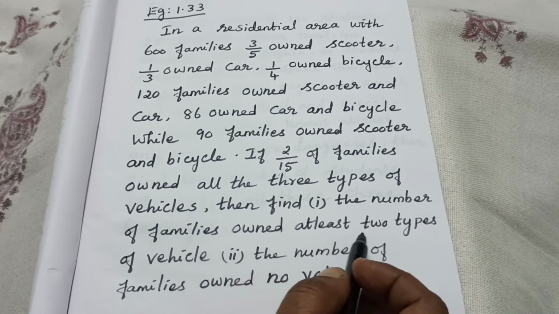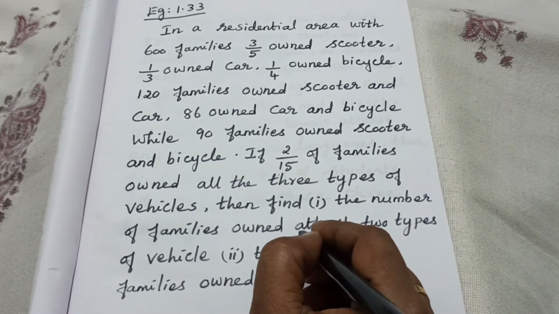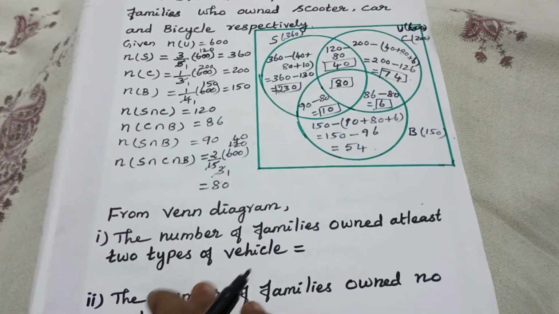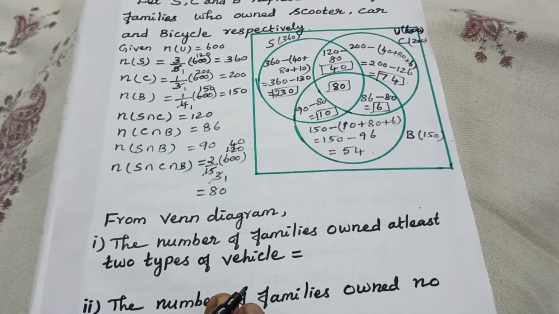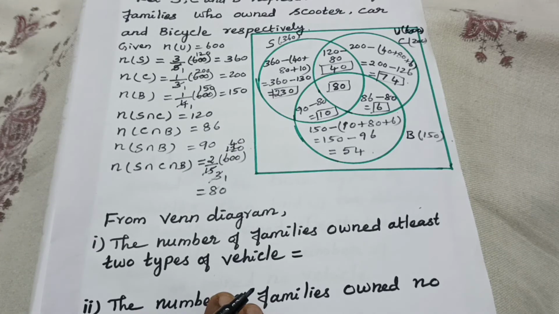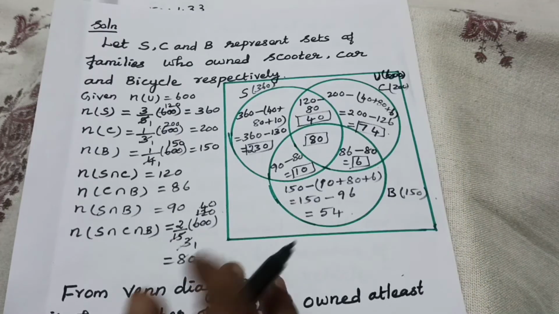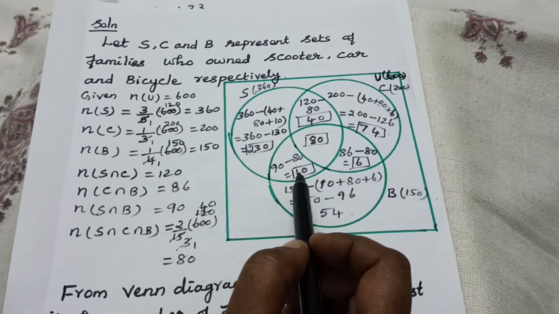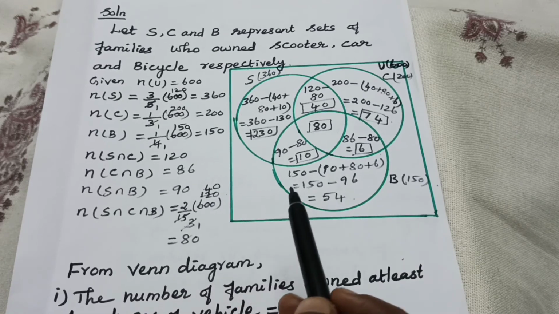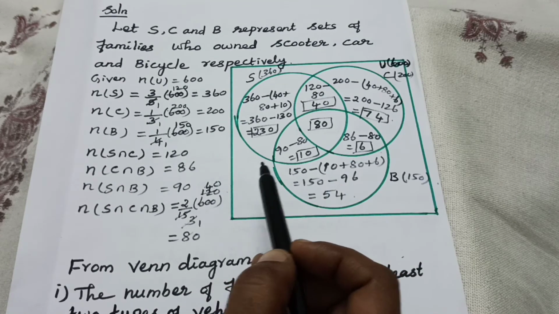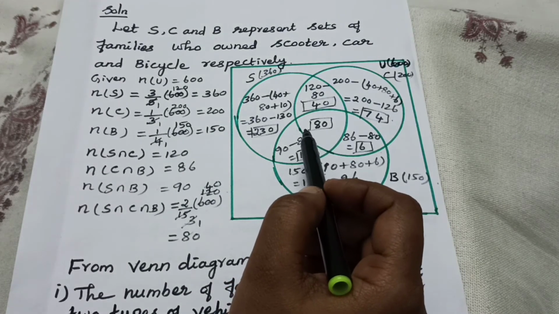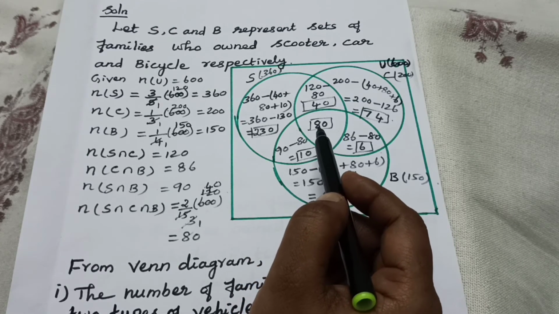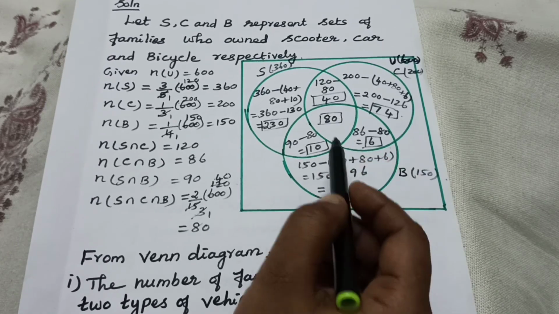Okay, then from our question we can write what. First one, find the number of families that own at least two types of vehicle. Okay, at least two types of vehicle means we have to write what? Two types means this 40 and 6 and 10 we can add, isn't it? But here at least means minimum two types, then three also we can take, isn't it? No, at least, what? Then 3 also we can take.